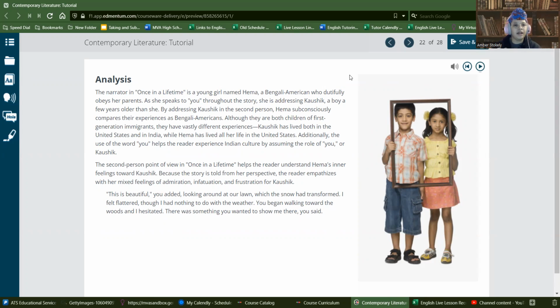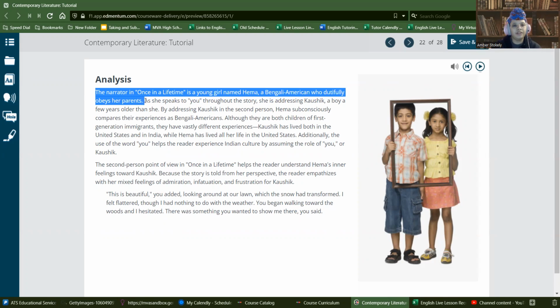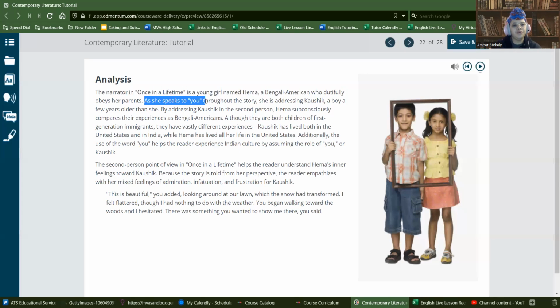It says here at the top that the narrator in Once in a Lifetime is a young girl named Hema, who is a Bengali American who dutifully obeys her parents. As she speaks to you throughout the story, she's addressing Kaushik, a boy a few years older than she.